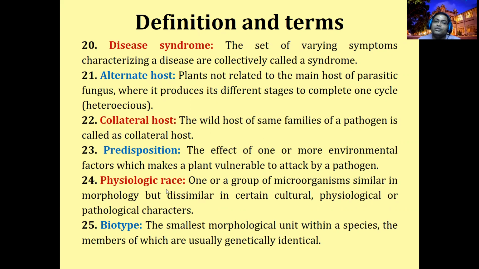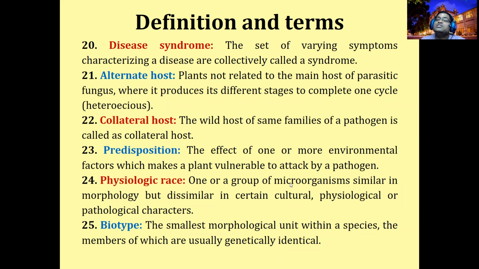And physiologic race. Physiologic race means some organisms have similar morphological characters, but their biochemical characters are different. We call that a race. For example, Fusarium is a wilt-causing pathogen.